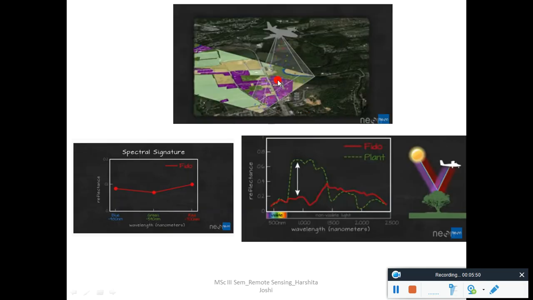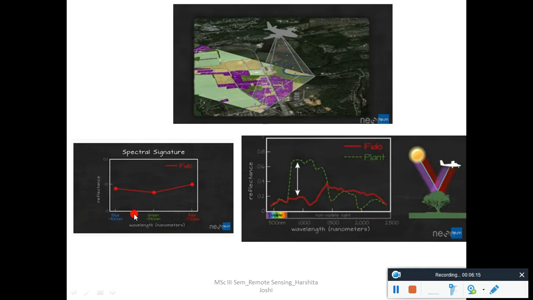Depending upon this ability of the sensor, that is the characteristic or the resolution of the sensor, we get a particular image of a particular area. So these various bandwidths can be identified depending upon the perception and the interpretative power of the user.